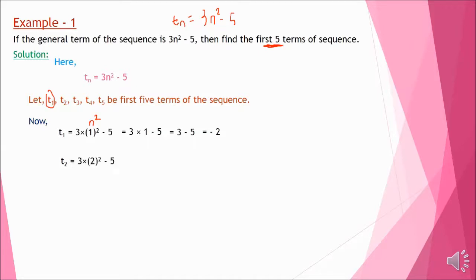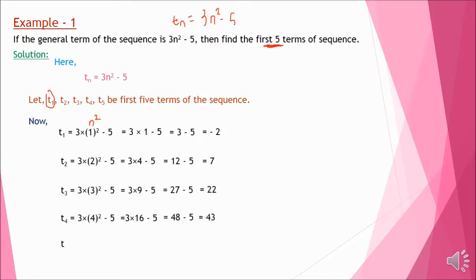It's like a function: the input value replaces the input variable. Our input value is 2 and it replaces n. For T3, n will be replaced by 3, and on calculation we can easily see it, and T4 also we can do easily. So it is easy.